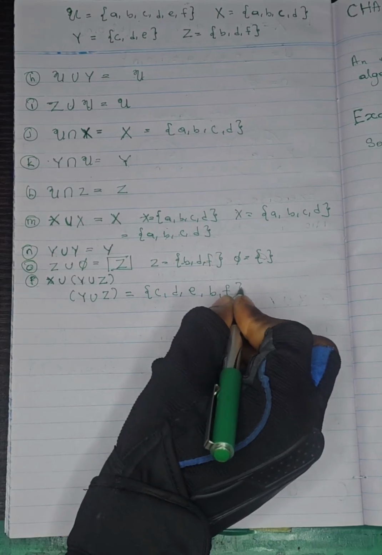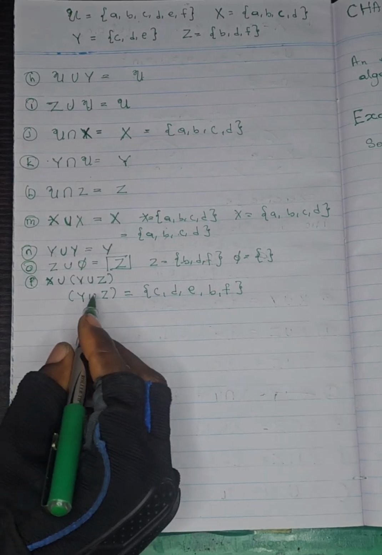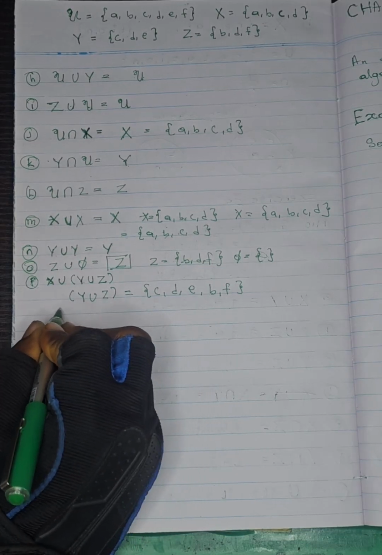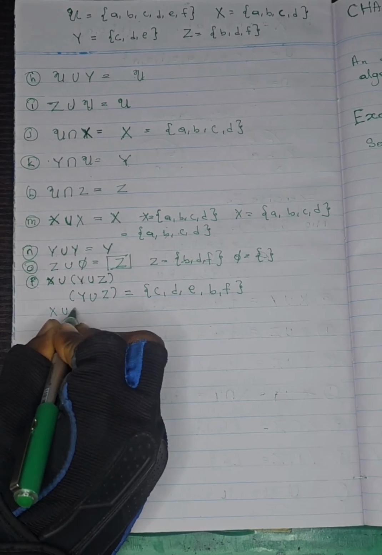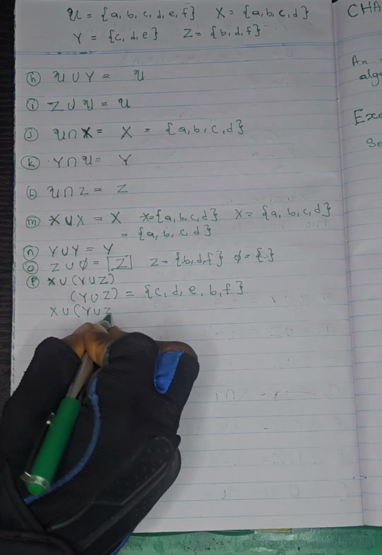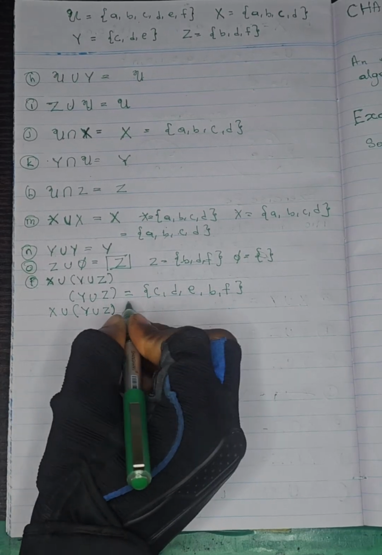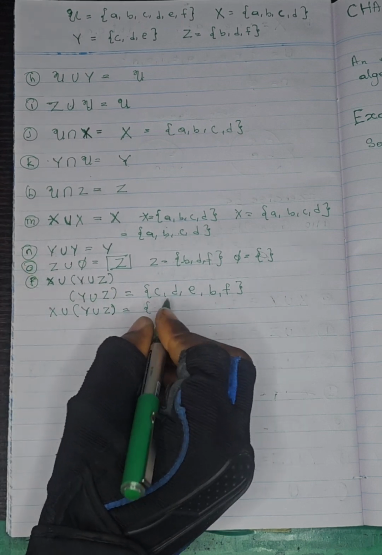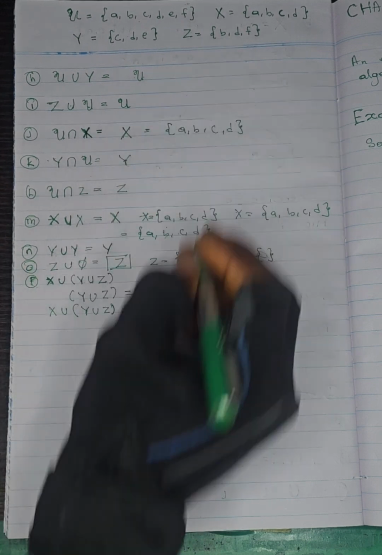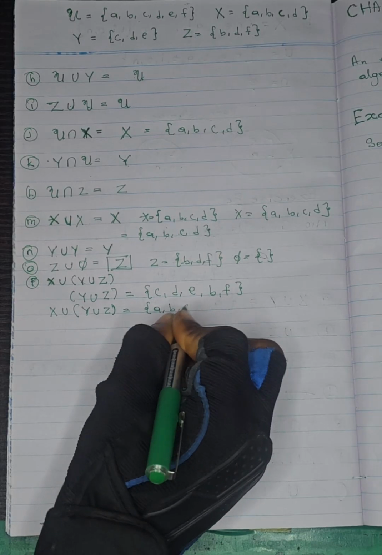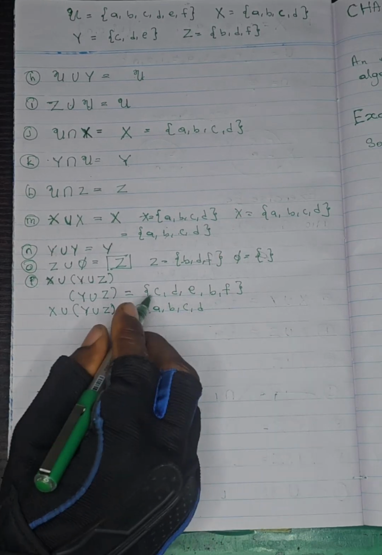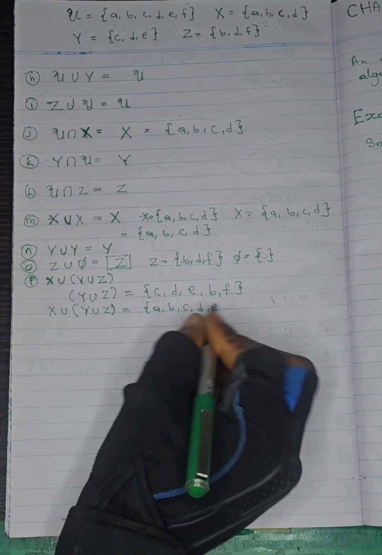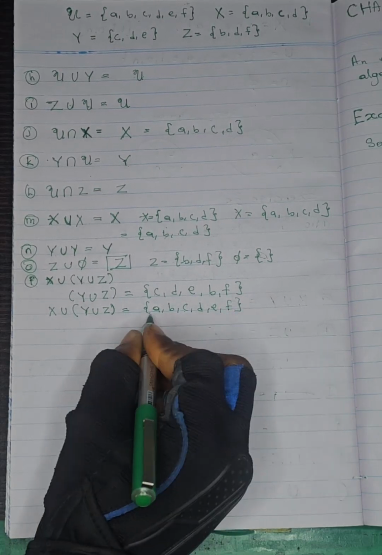Then F. Now we do the union with X. So we have X union Y union Z. We write out X: A, B, C, D. C is already here, D is already here, E is not here, so write it. B is already here, F is not here, so write it. So this is our final answer.